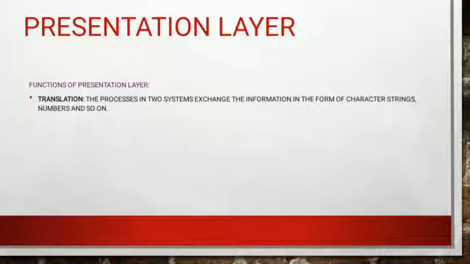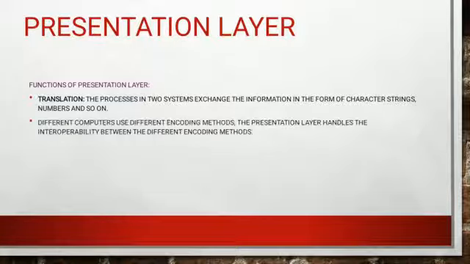Encryption and decryption methods are used to convert the plain text into ciphertext by using the encryption process, and after transmission of the data, the ciphertext is again converted into the plain text. So, that will be taken care of in this presentation layer. And different computers use different encoding methods. So, encoding methods are also used by this presentation layer.